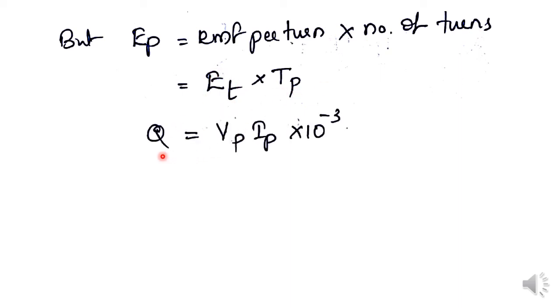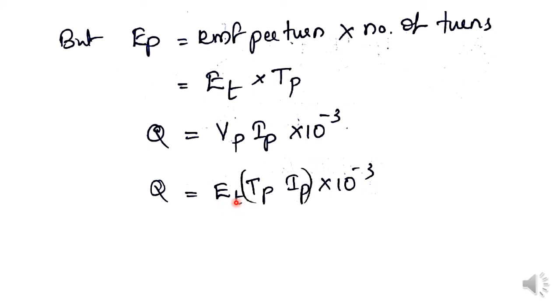Now the equation for power Q is equal to Vp Ip into 10 raised to minus 3. Instead of Vp we can substitute Ep. So Ep is Et Tp. So Et into Tp into Ip into 10 raised to minus 3. Here Tp into Ip means MMF. T into I, that is MMF or AT.